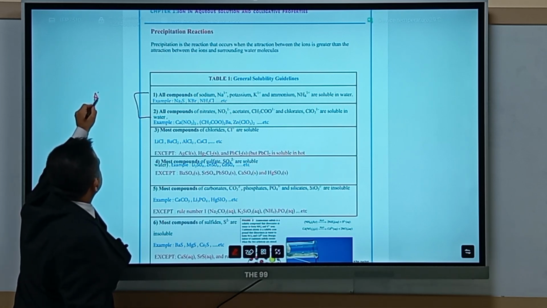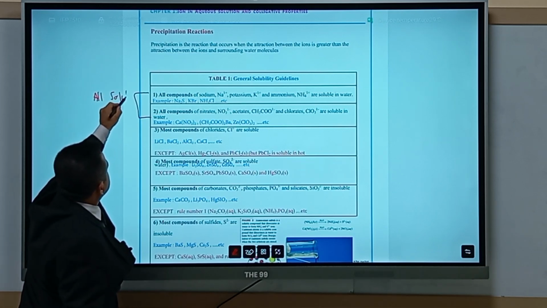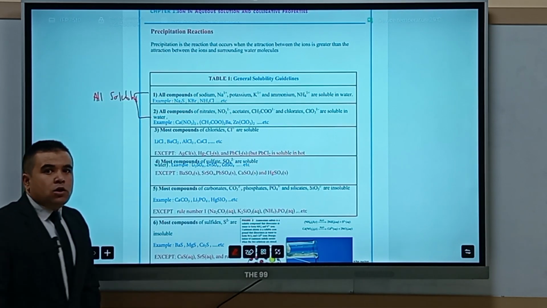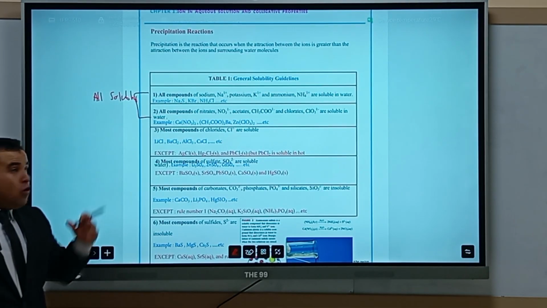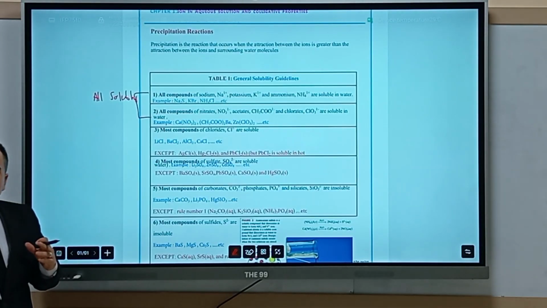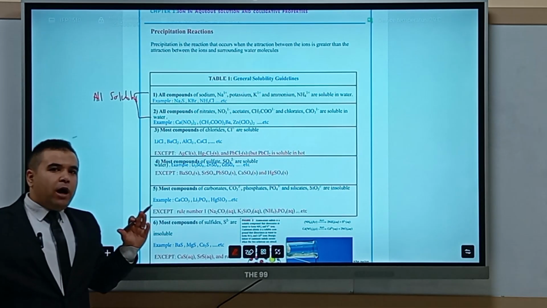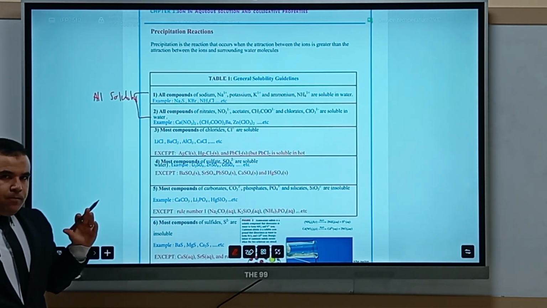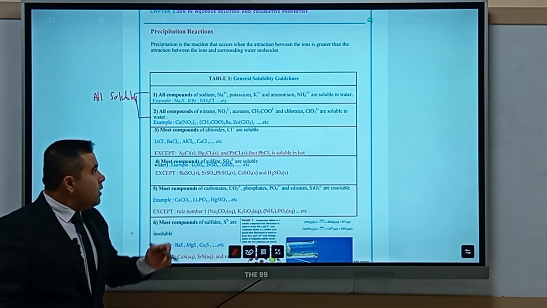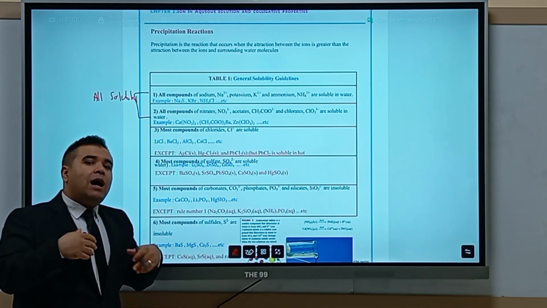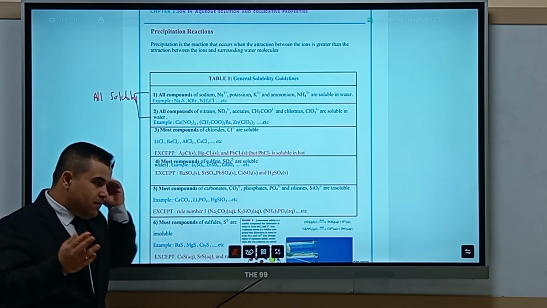They are all soluble. So any compound that contains the ions of the first and the second becomes a soluble compound without any exceptions. And those ions are 6 ions only, 3 cations and 3 anions.